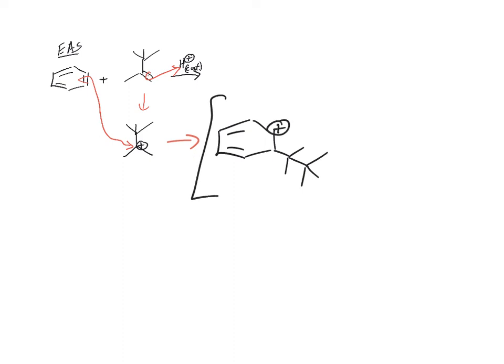We can draw some sigma complexes out. I made this maybe look a little more simple than it was. Numbering your carbons is really important here to make sure you don't lose something. Make sure you number the carbons here so you don't lose a carbon. It's a surefire way to not earn the points you need. One sigma complex.